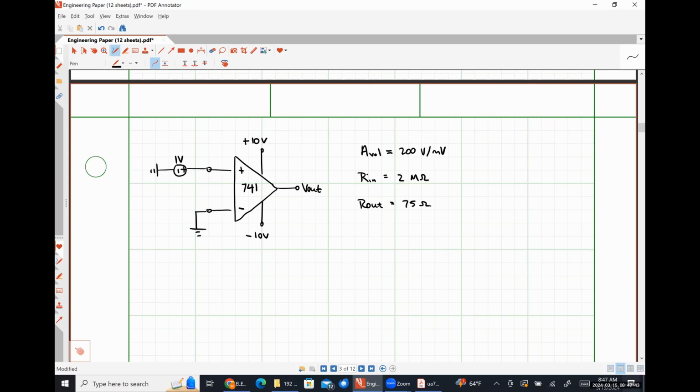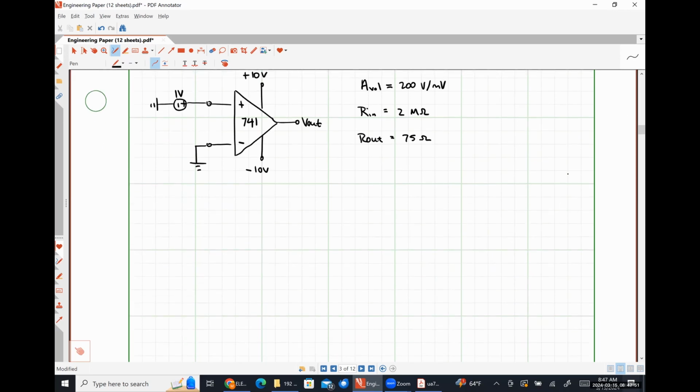So all I want us to do is just figure out what the output voltage of this system is going to be. So I'm going to start my analysis by replacing the op amp portion with the practical op amp model.